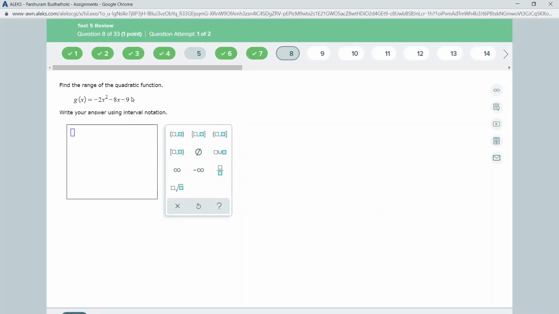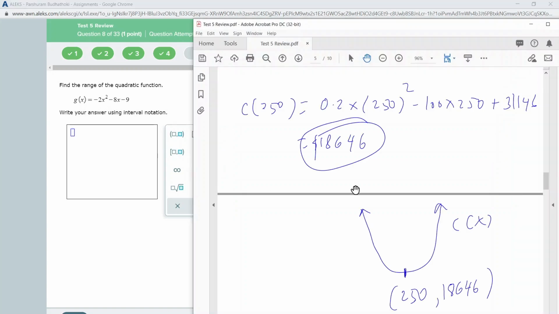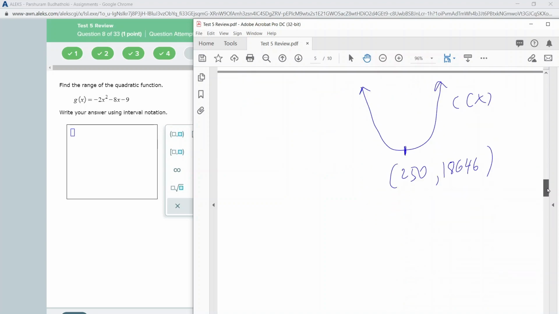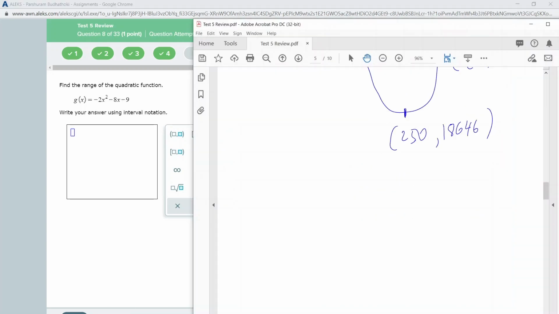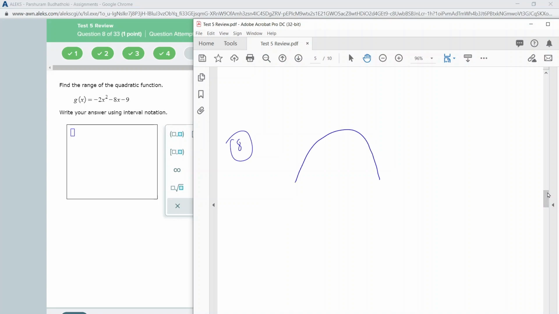Okay, find the range of the quadratic function. One more time, if you are dealing with a standard quadratic function, the domain is all real numbers, but the range comes from the vertex. There are two situations. Let's say this is problem 8. If your parabola is like this, meaning there is a maximum value, the range means all the real numbers from negative infinity to this point.